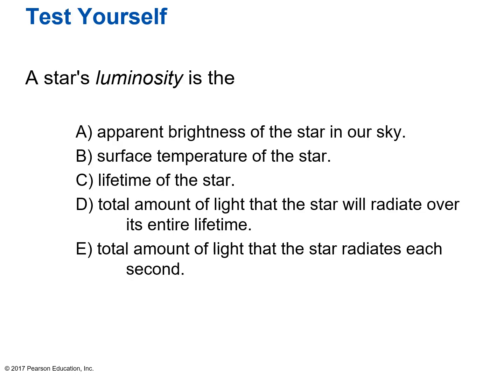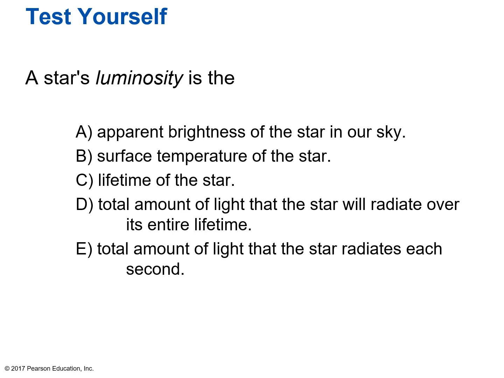Test yourself. A star's luminosity is the A, apparent brightness of the star in our sky, B, surface temperature of the star, C, lifetime of the star, D, total amount of light that the star will radiate over its entire lifetime, E, total amount of light that the star radiates each second. What do you think? Well, we can eliminate answer A because luminosity is not apparent anything. It is a true value. It has nothing to do with how we perceive it.